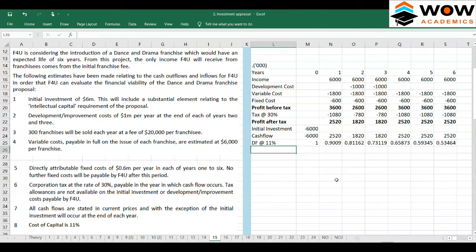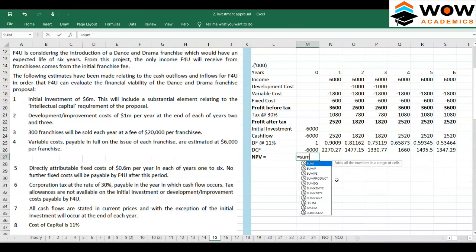Now we have to get the DCF, discounted cash flow. So discounted cash flow is very simple. Take the cash flow number and multiply it by the discount factor. So now we got it for all the numbers. Finally, we'll get the net present value, which is the final number. So let's see what happens. We have to get the sum of all these numbers.